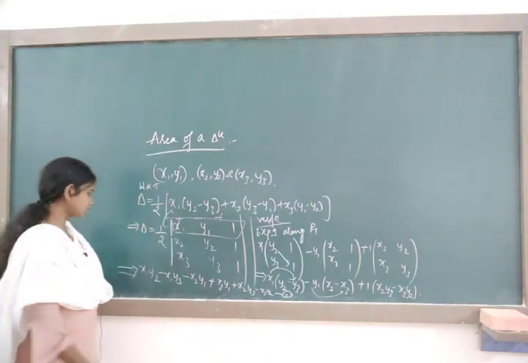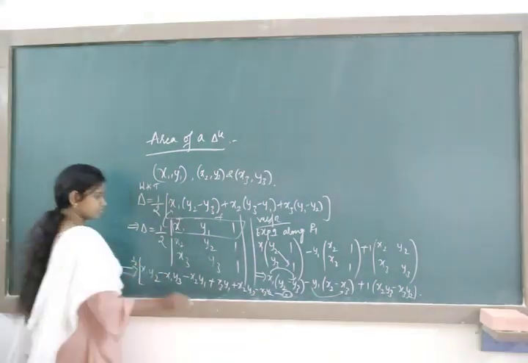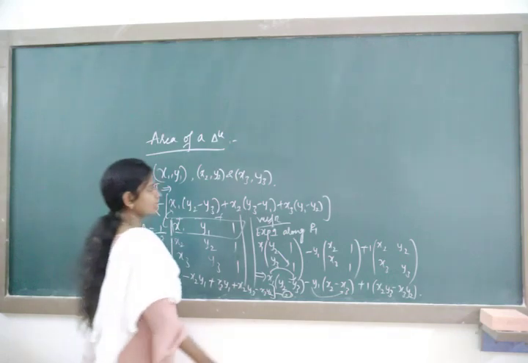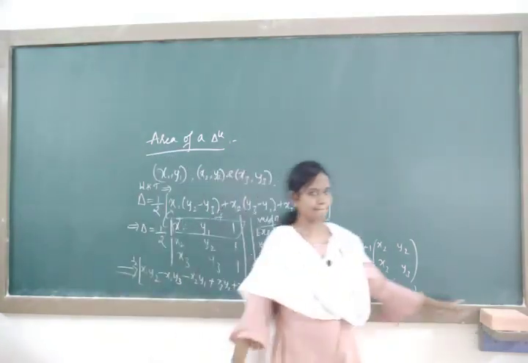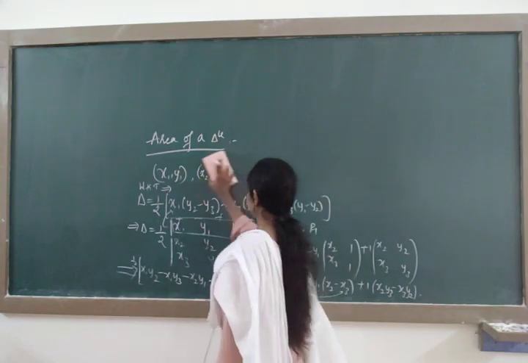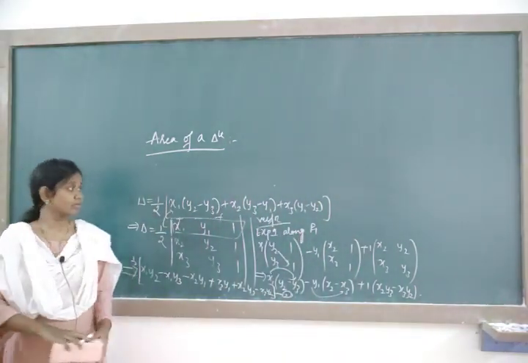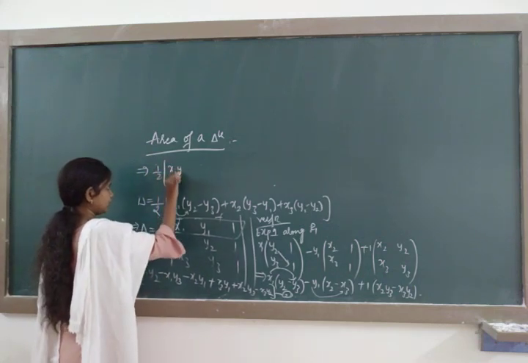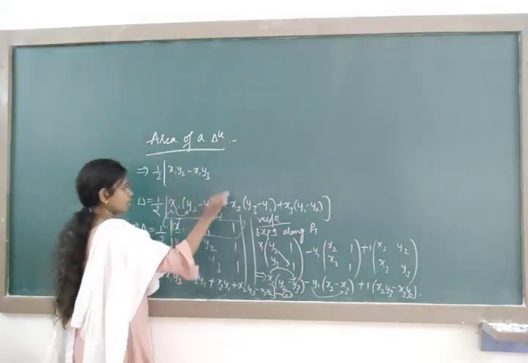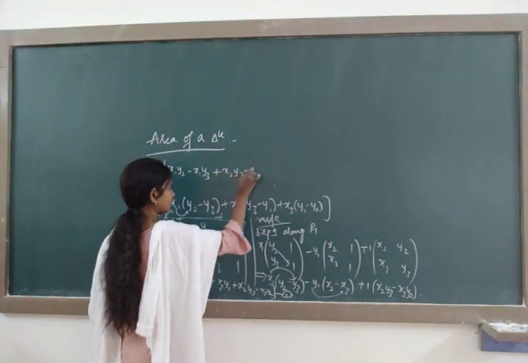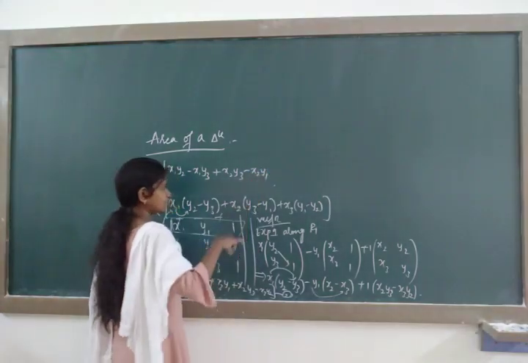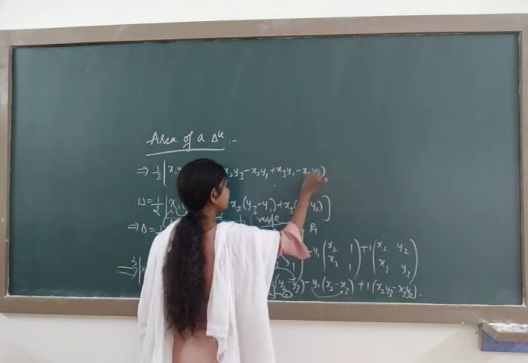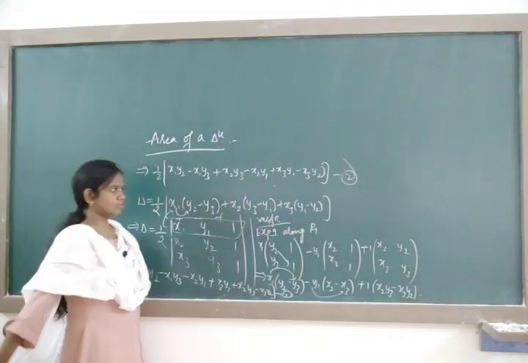When you multiply inside, the half will be outside. I will write here half, take x1 inside: x1 y2 minus x1 y3 plus x2 y3 minus x2 y1 plus x3 y1 minus x3 y2. So this is your equation 1.